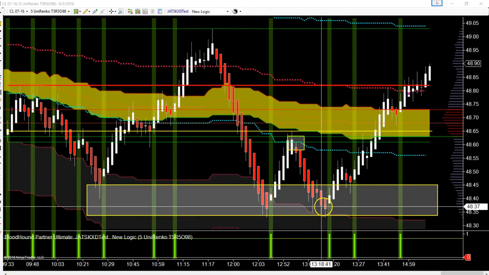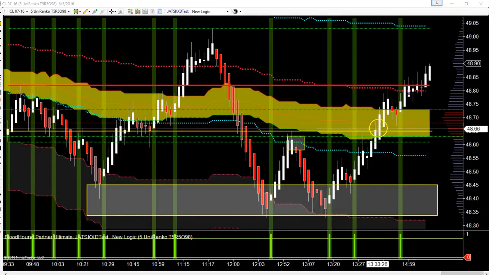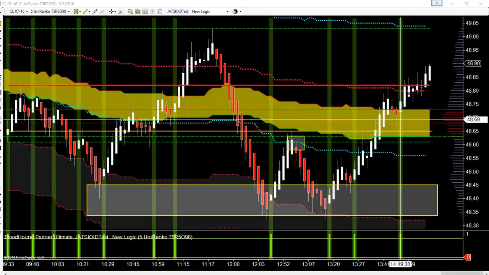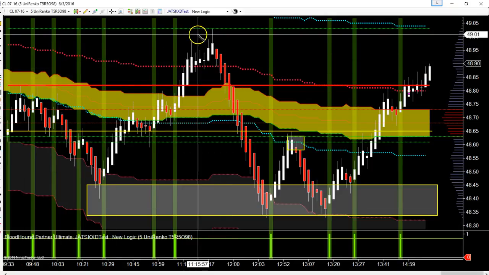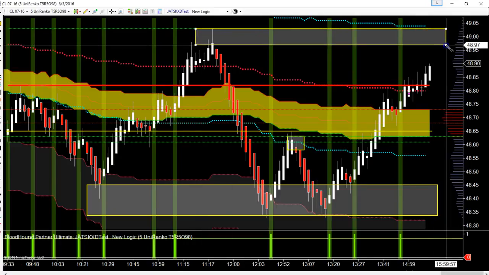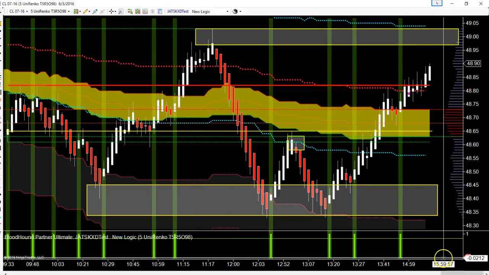Another very good way to trade. Here's an example of a short wick. So if it gets up into the wick box, you want to go short.